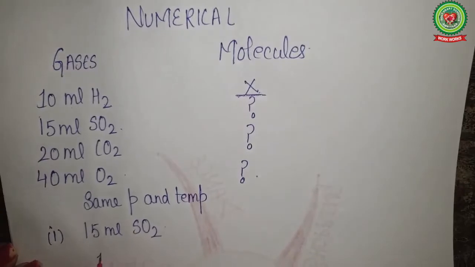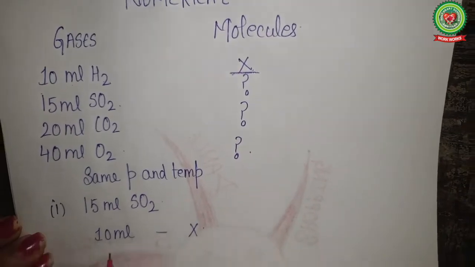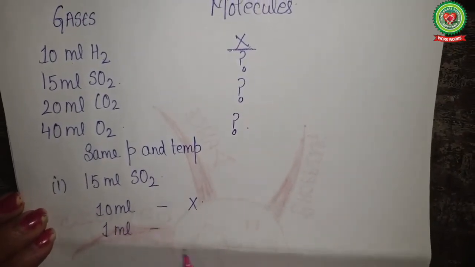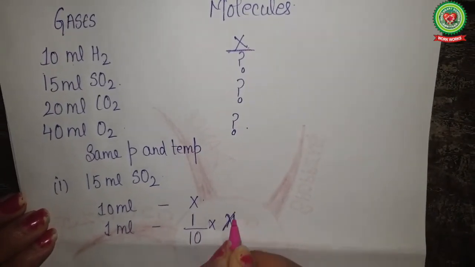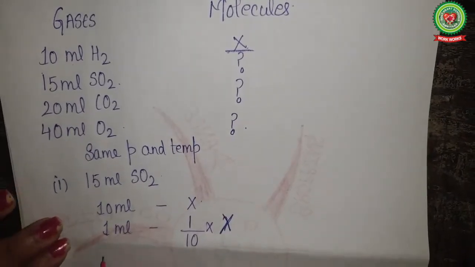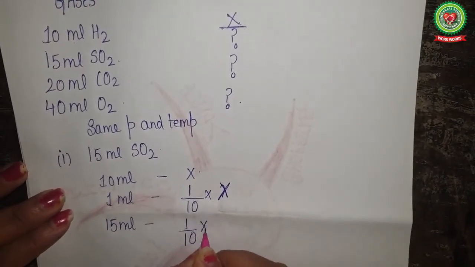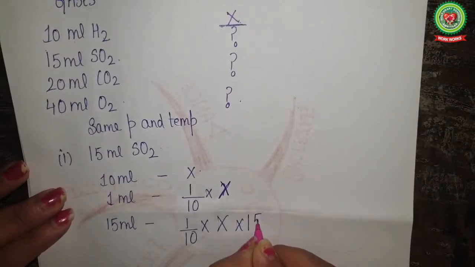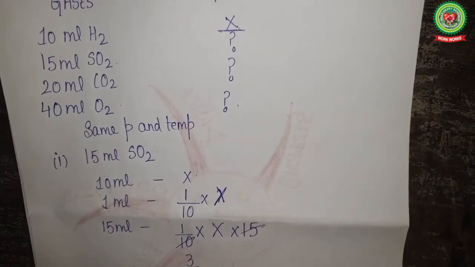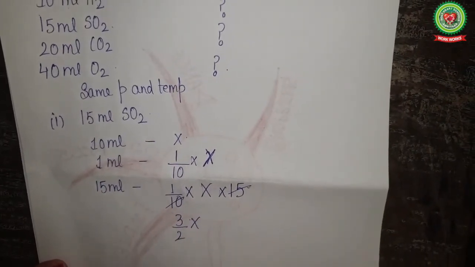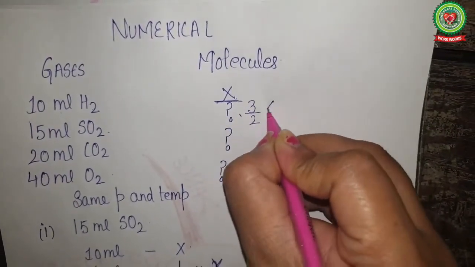If 10 ml contains X molecules, then 1 ml will have 1/10 multiplied by X, and 15 ml will have 1/10 into X multiplied by 15. On cancelling we get 3/2 X. So the molecules present in 15 ml of SO2 will be 3/2 X.